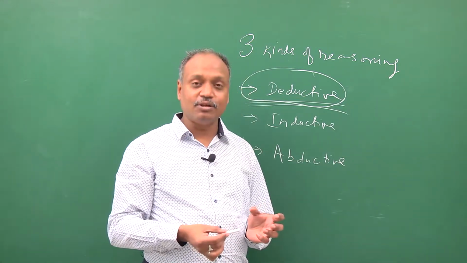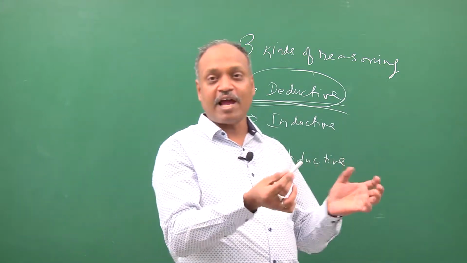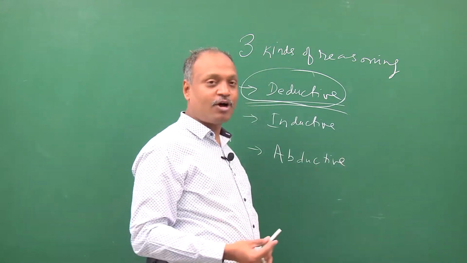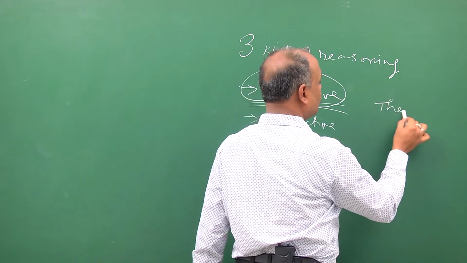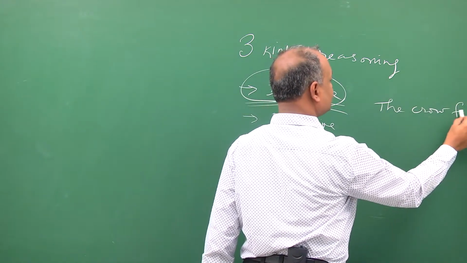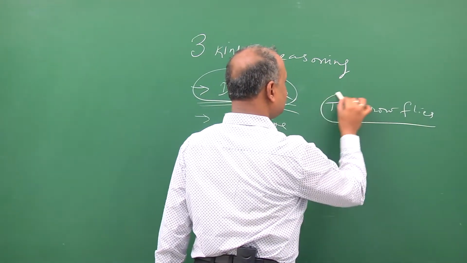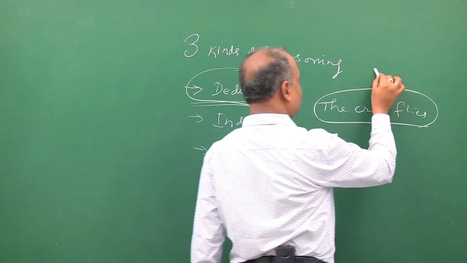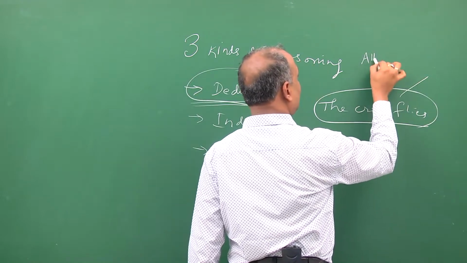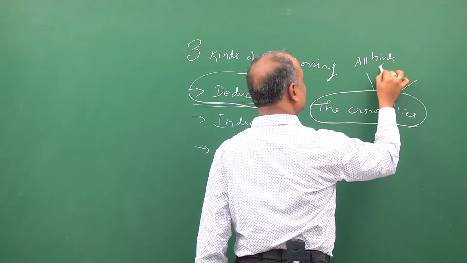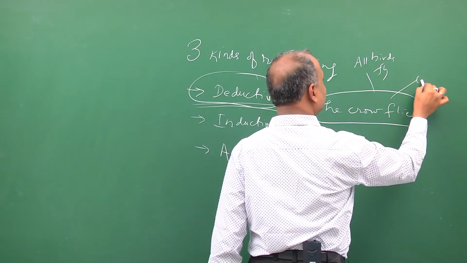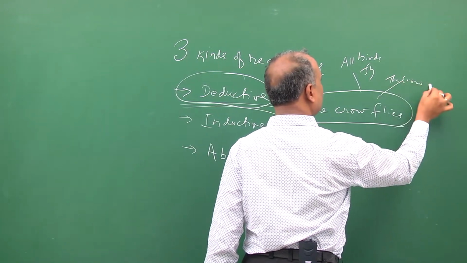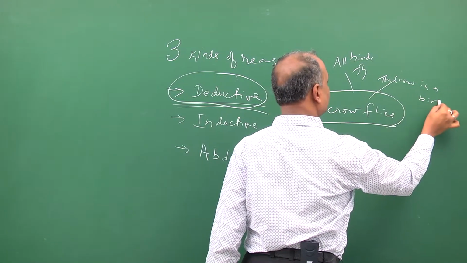So, given this universal law that all birds fly, you can infer a new piece of knowledge that the crow flies. So, this is a new piece of knowledge which has come from two independent pieces of knowledge. One says that all birds fly, and the other says that the crow is a bird.